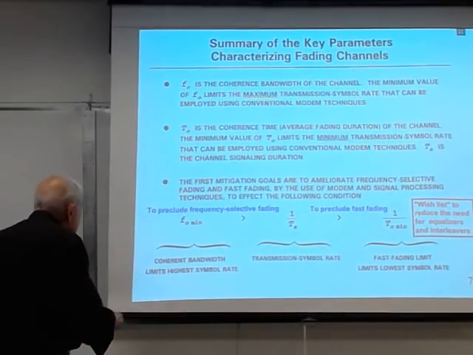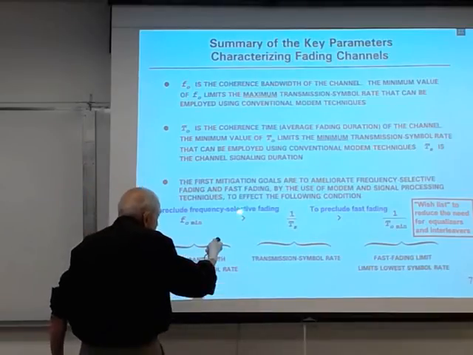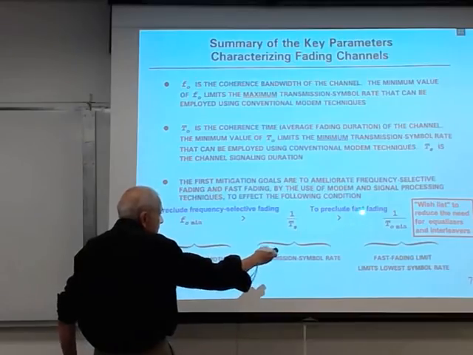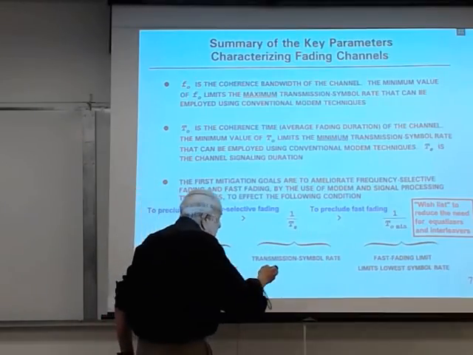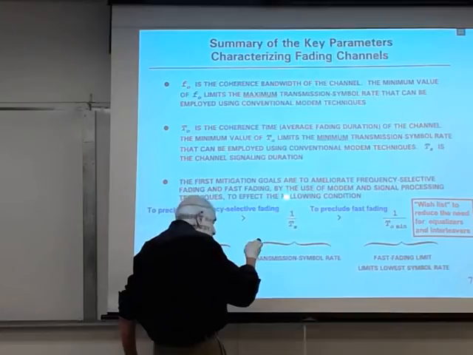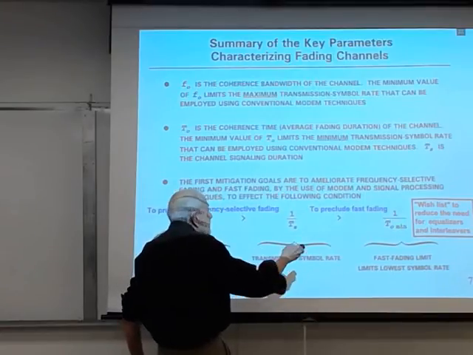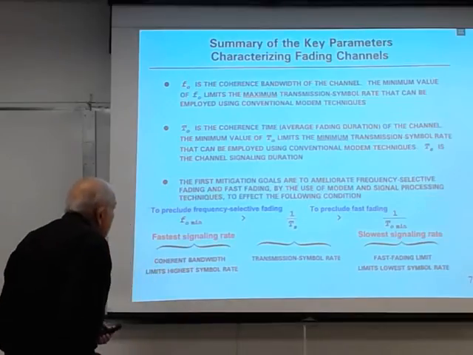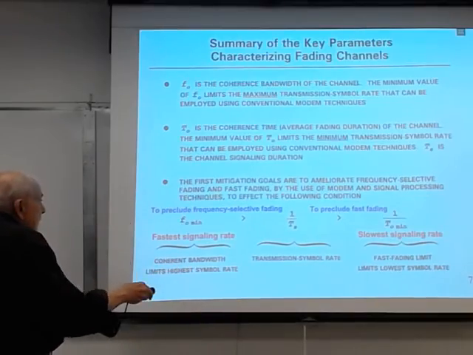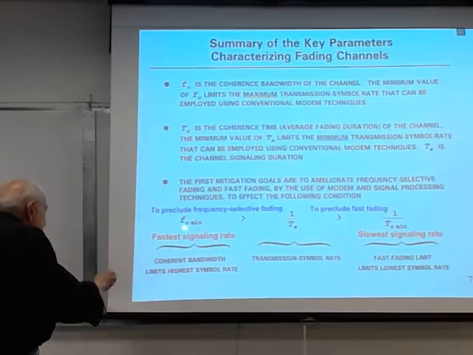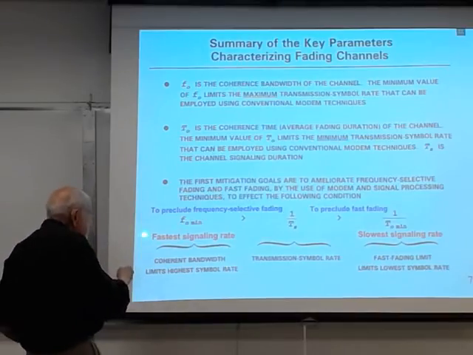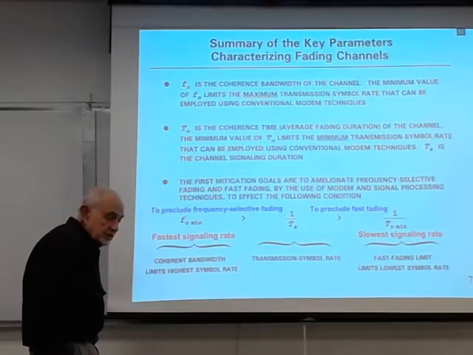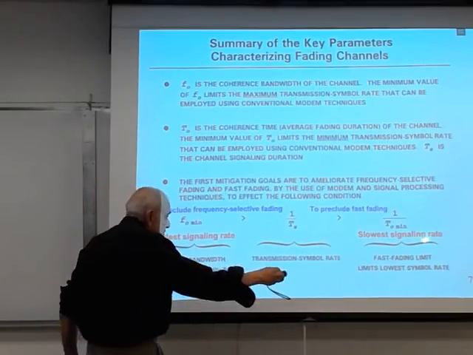This inequality is to preclude frequency selective fading, and this inequality makes sure that you're going faster than the fading rate, to preclude fast fading. If you also want to annotate what this number means, this is the fastest that you can go with this arrangement, and this is the slowest that you can go.